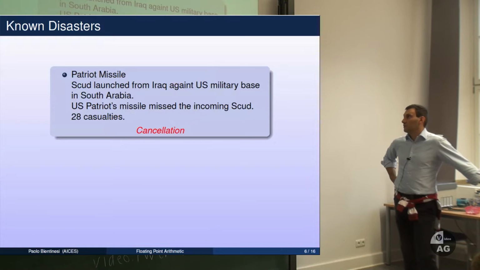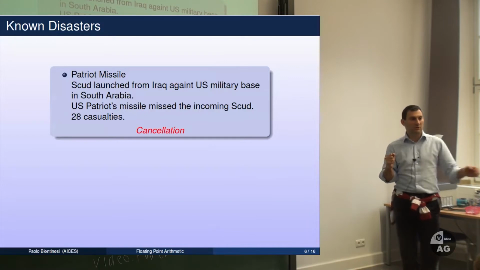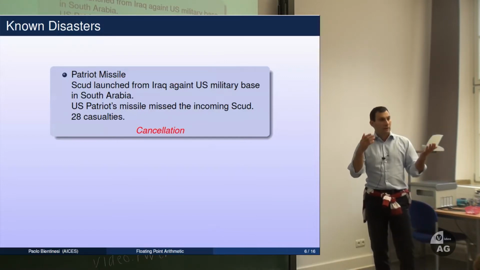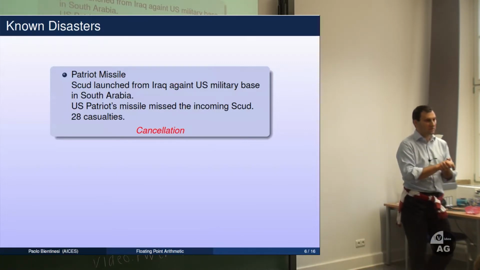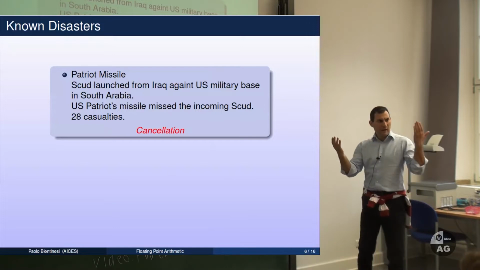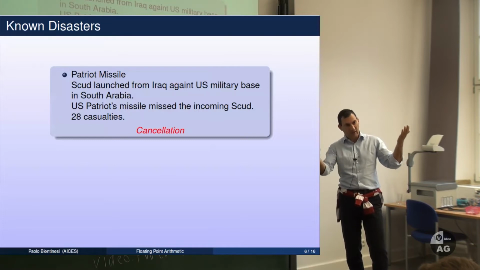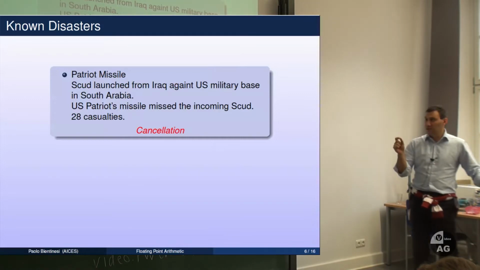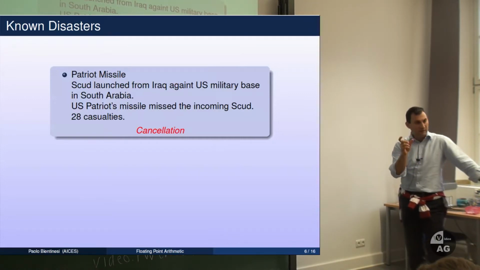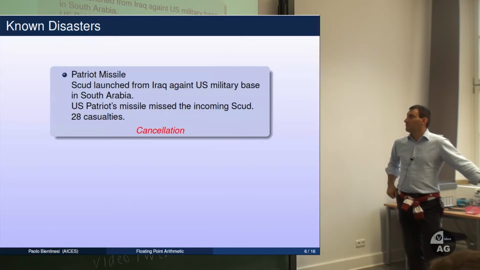And the reason for this was a mistake due to cancellation. Cancellation is when you add very big numbers with very small numbers together, and I'll give you an example later. Or when you add a big number and a big number but negative together, this basically eliminates leading numbers and results in noise. I will show you an example later on.